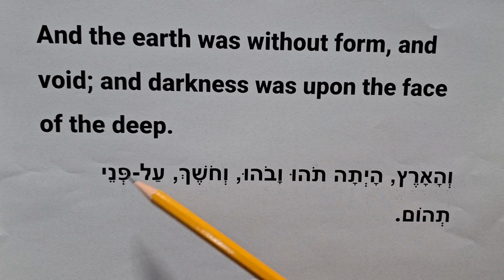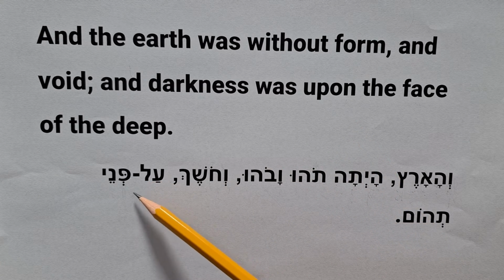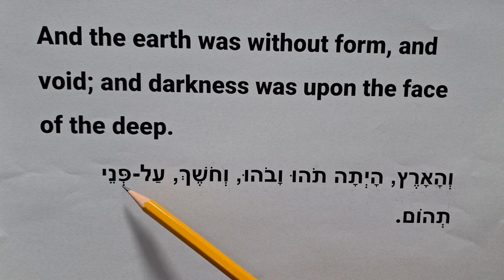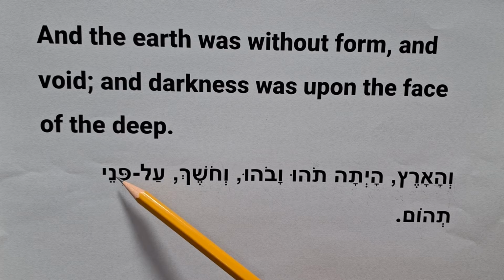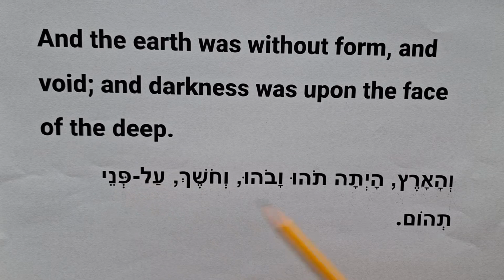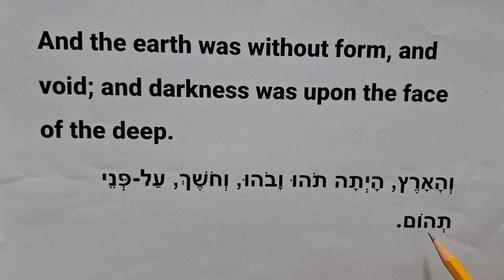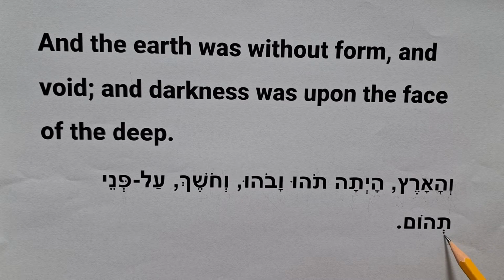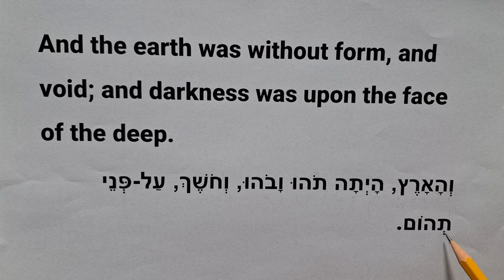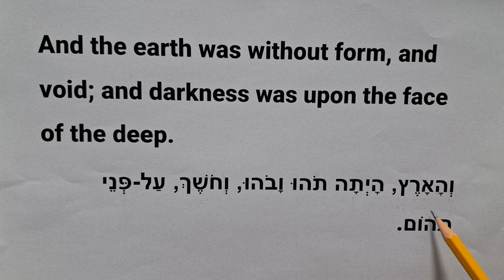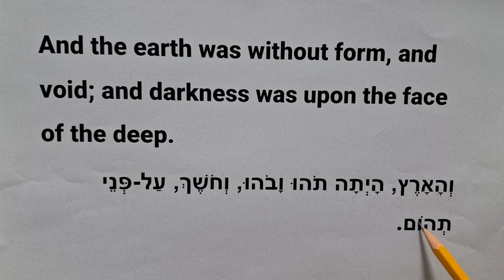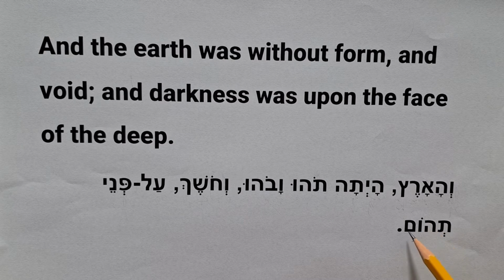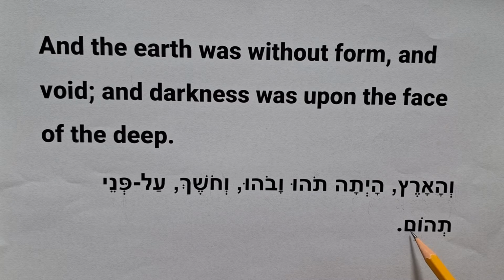So instead of face, pnei, pei with shva, pnei, and a gesh, pei, and tsere with the nun, nei, and tehom. Tehom is abyss, taf, right, and shva na, so a bit like te, and hey, right, with cholam maleh, the dot here, so it's ho, and mem sofit, tehom.